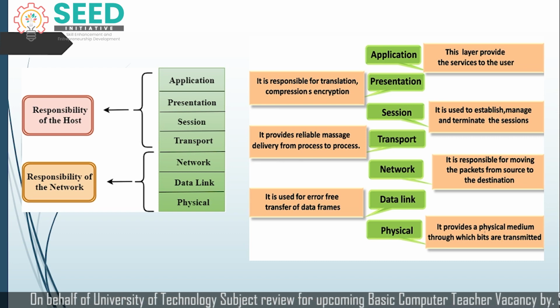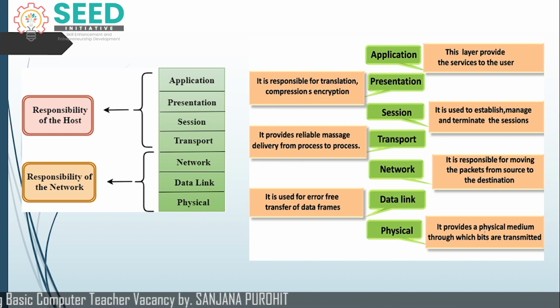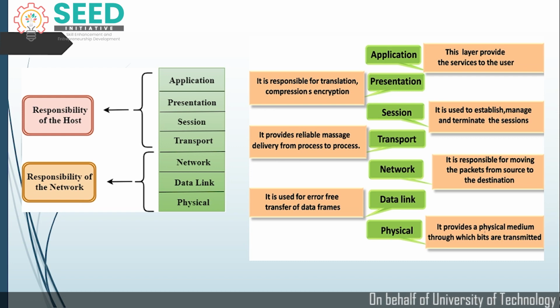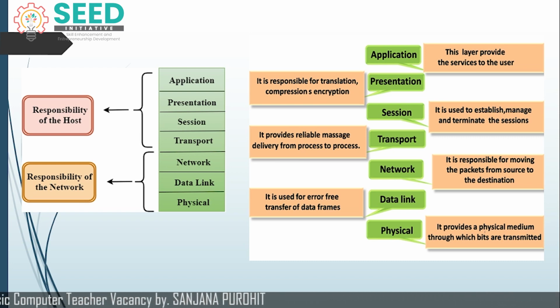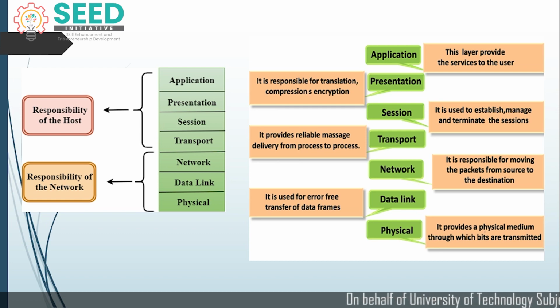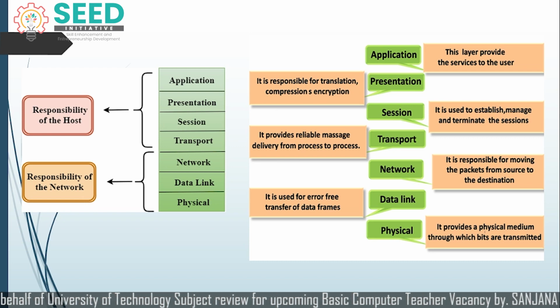Next is the session layer. It is used to establish, manage and terminate the sessions. Session means a particular time period within which we can share or transmit the information from one computer system to another computer system.